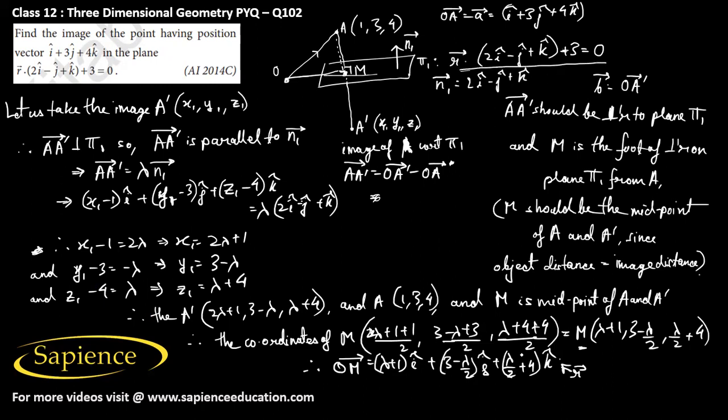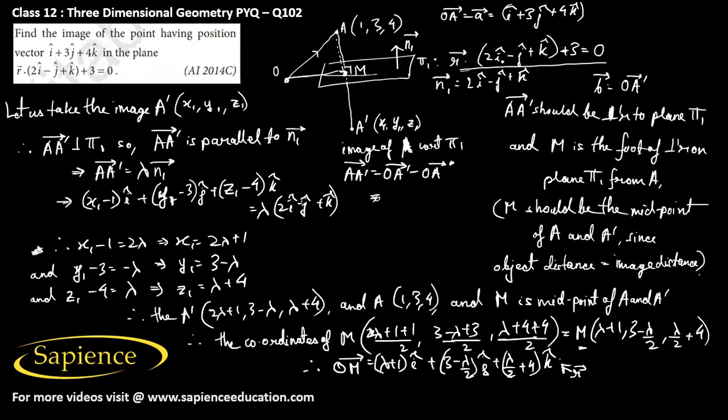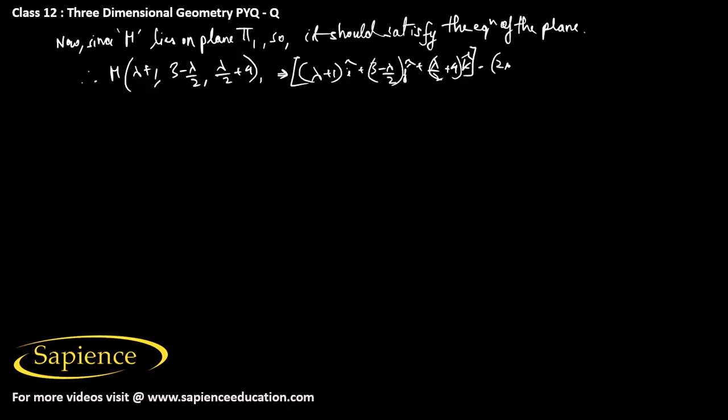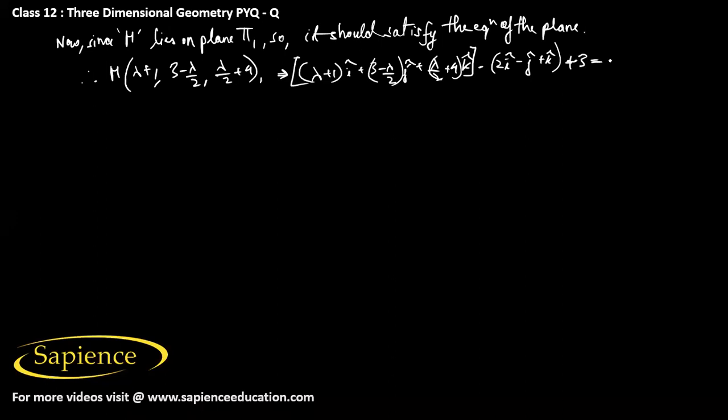So we get lambda plus 1 i cap plus 3 minus lambda by 2 j cap plus lambda by 2 plus 4 k cap, dot product with 2i minus j plus k, plus 3, equal to 0.